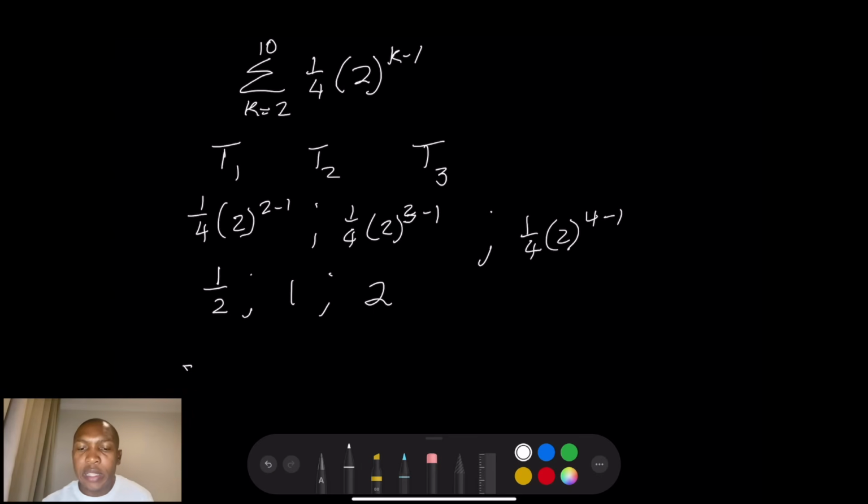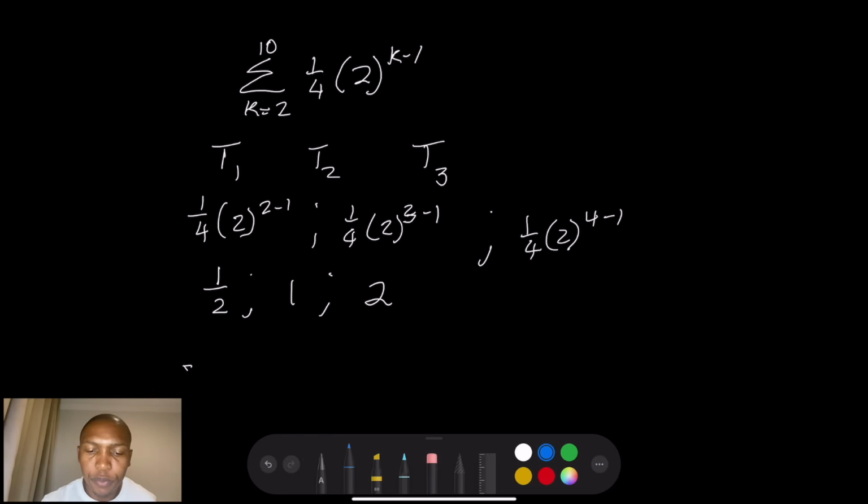And I realize this time this is not an arithmetic sequence, but look at this. Term 2, which is 1, divided by term 1, in this particular case gives us 2. But also term 3 divided by term 2 gives us 2. So we've got a common ratio, okay?